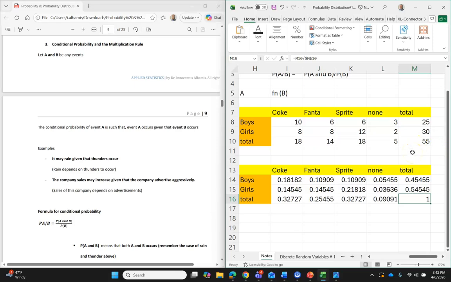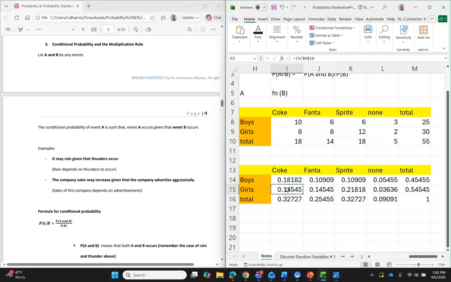So now let's go back to our conditional probability. But before we go to the conditional probability, we need to find or to understand these values. So here you can see it. We have this probability of Coke and boys. Boys and Coke, that's the joint probability.